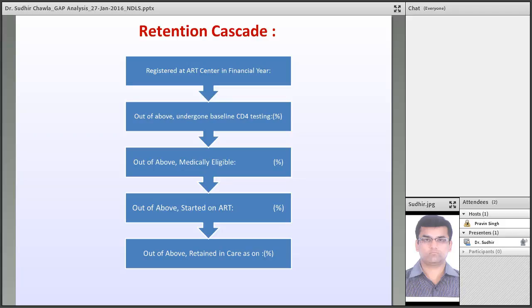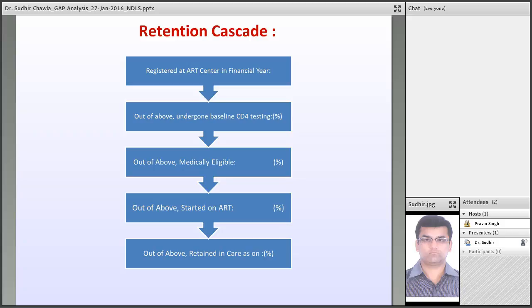So this registration at ART center in financial year is total new registration during financial year at an ART center till the end of the reporting month. Out of that, those who underwent baseline CD4 testing till the end of the reporting month should be written in the second part.